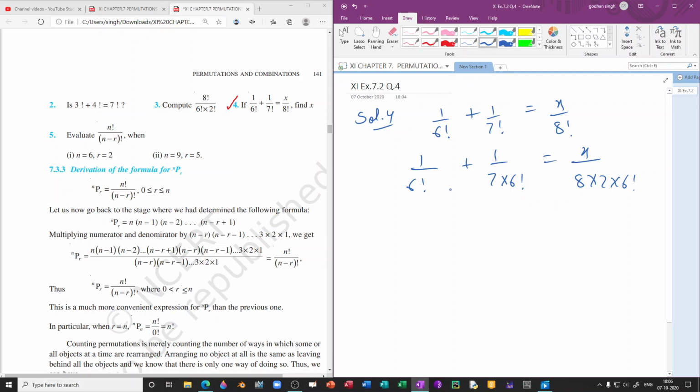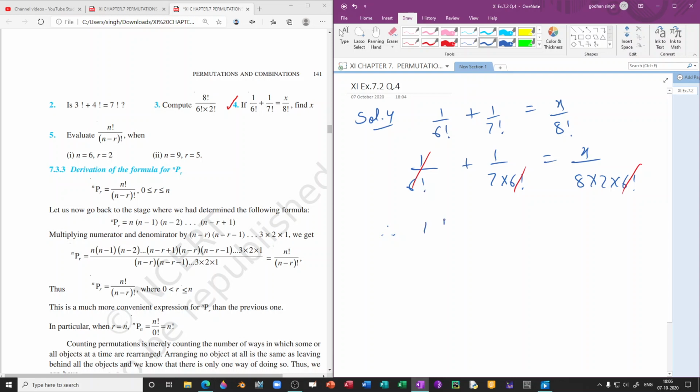Why are we writing this way? Because by writing in this manner we can cancel out 6 factorial from both the left hand side and right hand side. So cancelling 1 by 6 factorial from both sides, it is cancelled out, but it does not become 0.